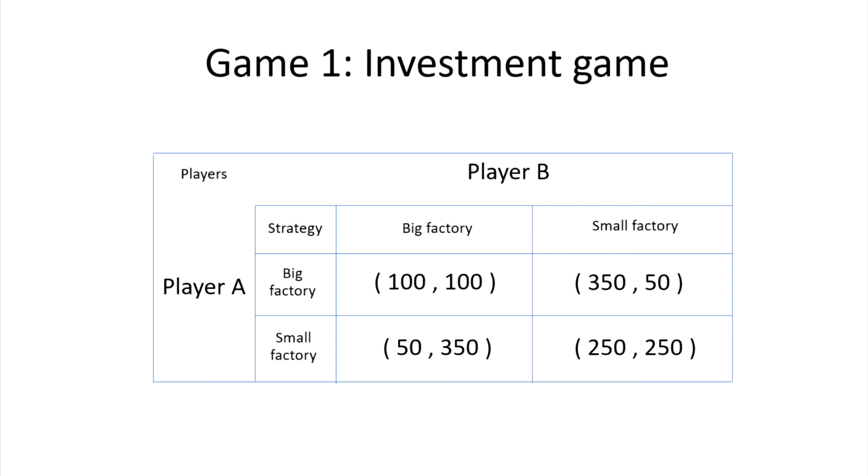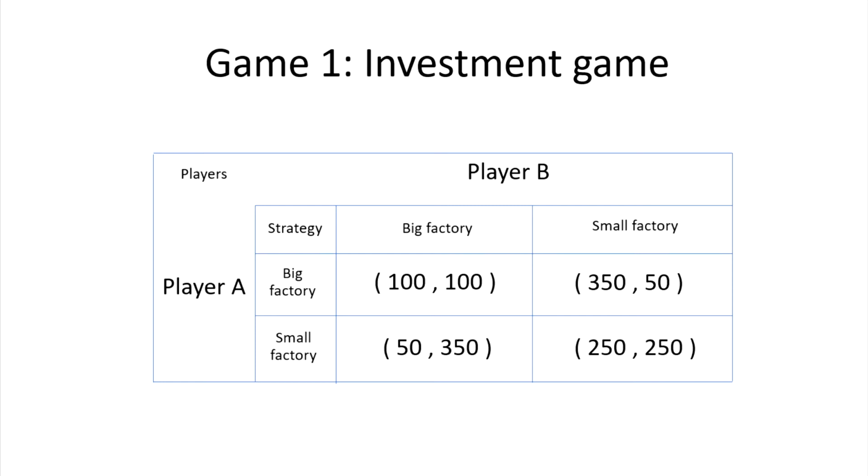Why? Because the supplying is very much. Here, if the greater supplying is supplied into the market, then the price drops and the profit of player A and player B will be lowered.